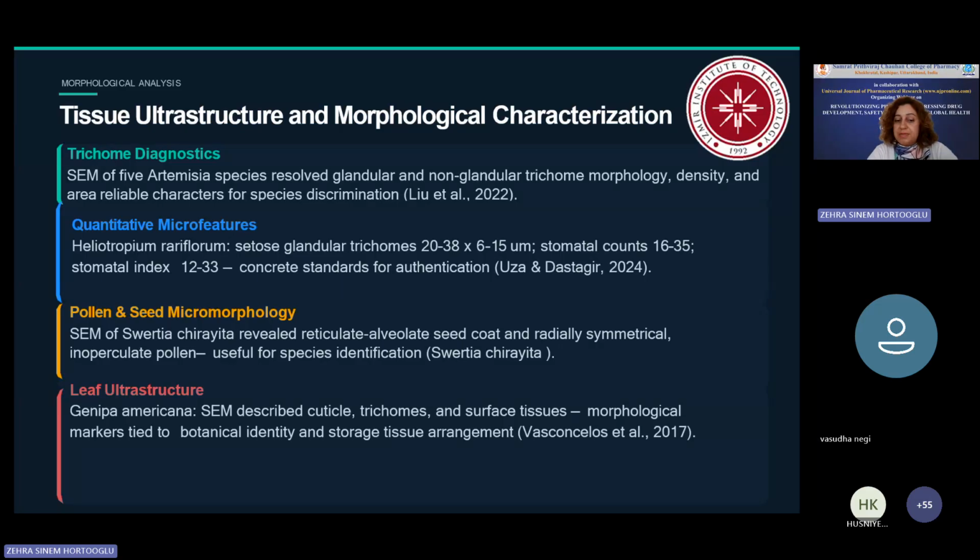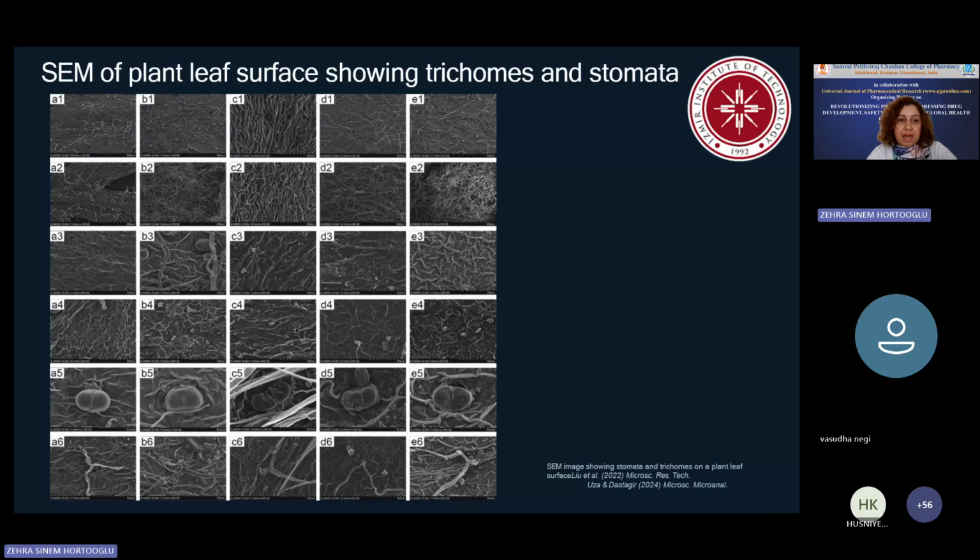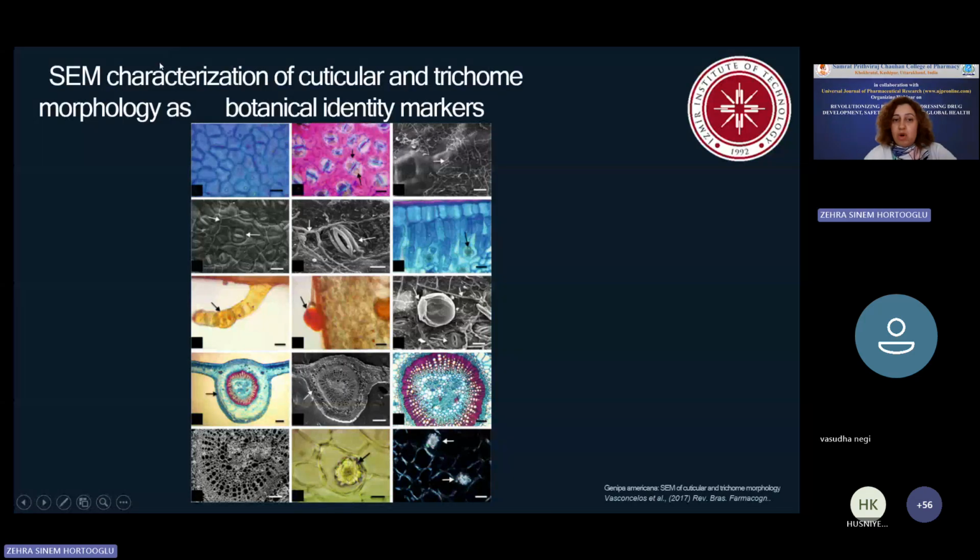Morphological markers are very important for botanical identity and storage tissue arrangement. For example, SEM of a plant leaf surface showing trichomes and stomata. This imaging showing stomata and trichomes on the plant leaf surface is very important for characterization of cuticular and trichome morphology as botanical identity markers.